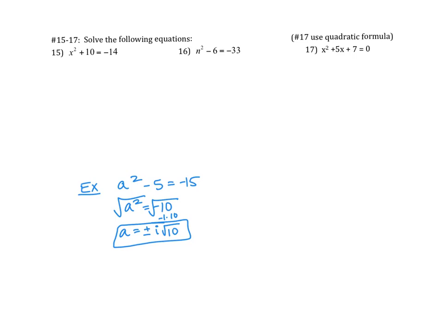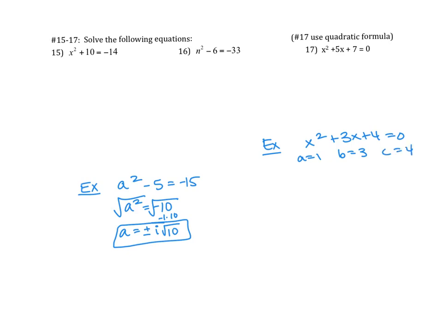So now let's take a look at one that is the quadratic formula. An example that might help you with number 17 would be, let's do x squared plus 3x plus 4, and we'll set that equal to 0. So now my a is 1, my b is 3, and my c is 4.